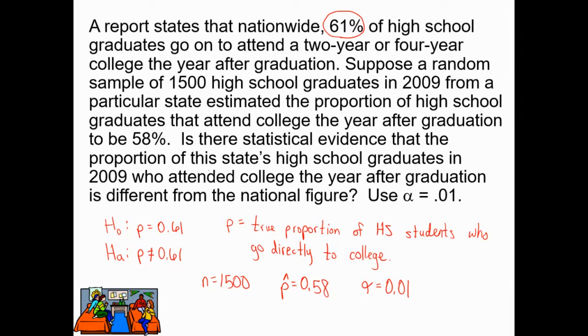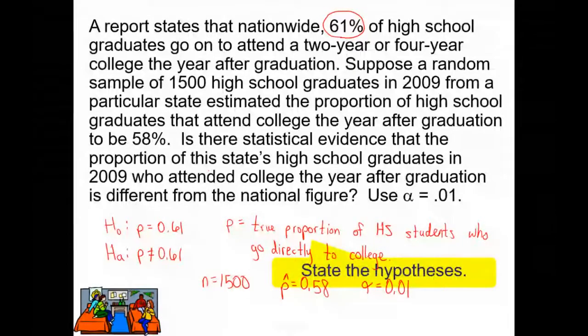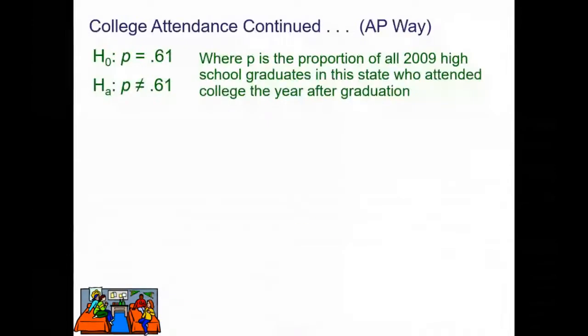So let's check our assumptions before we go any further. Now for AP, I'm going to need y'all to actually write as part of your solution that you check each assumption. So, okay, we stated that, we did that.